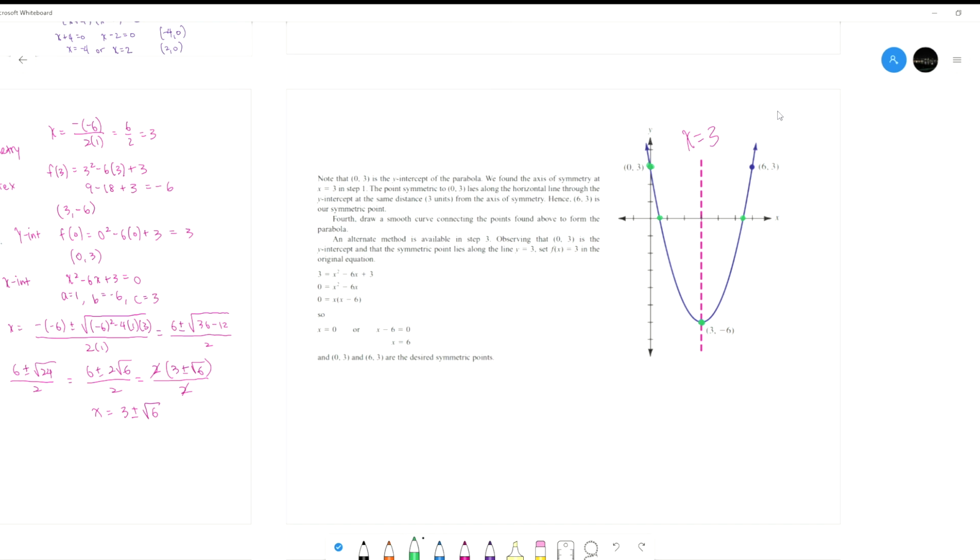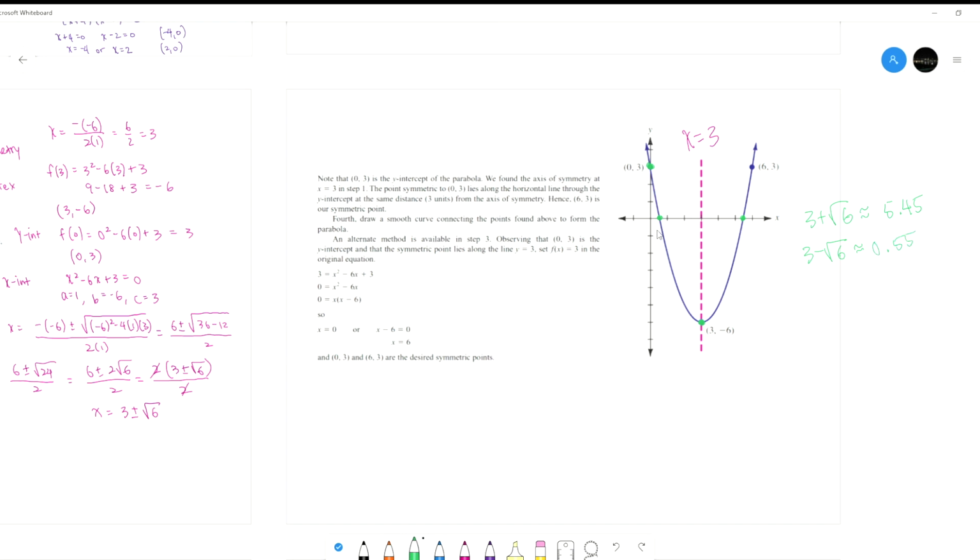On the calculator, it comes out to approximately, here, let me do it over here. 3 plus radical 6 is approximately equal to 5.45, right? And 3 minus radical 6 is approximately equal to 0.55.